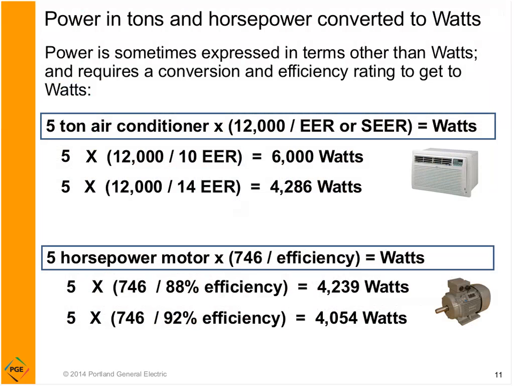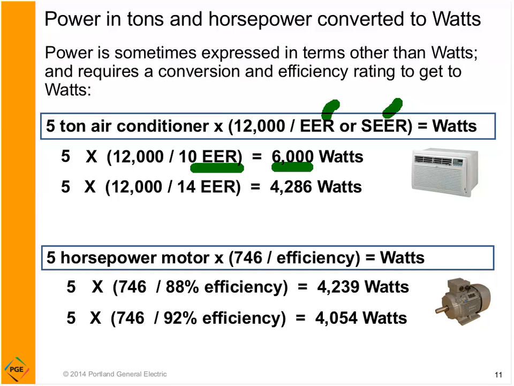One has an energy efficiency rating of 10. It could be a SEER, seasonal energy efficiency rating, and there may be others, but it's an efficiency rating. And in this case, 5 times 12,000 divided by 10 equals 6,000 watts would be the watt rating.